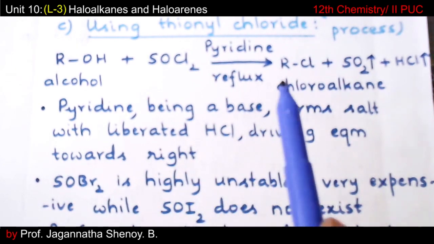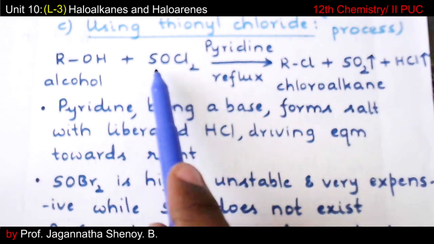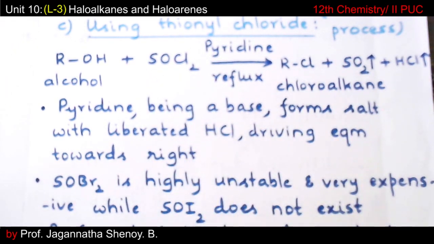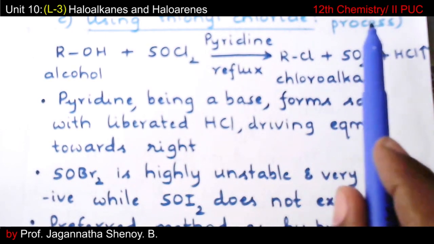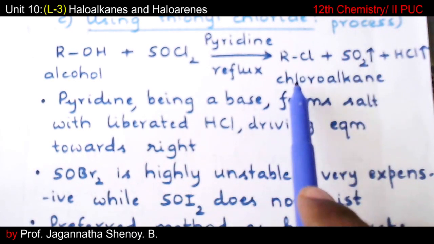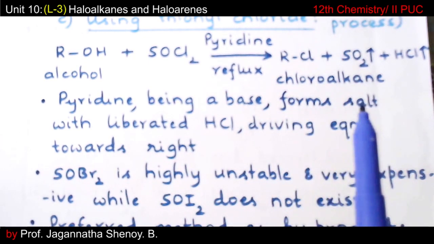Same way, to get iodoalkane, I have to go for thionyl iodide, SOI2. But what is the problem with SOI2? It does not exist at all. That's why the Darzens process is used only to prepare chloroalkane, definitely not bromoalkane or iodoalkane.